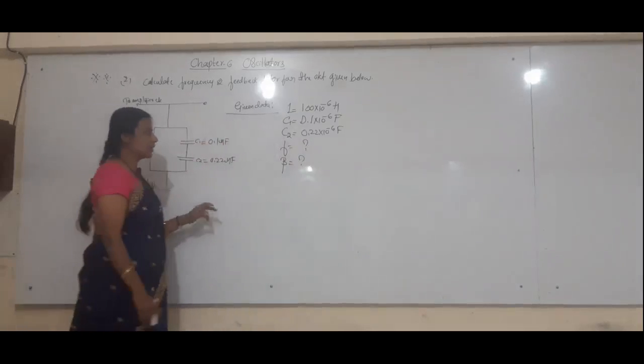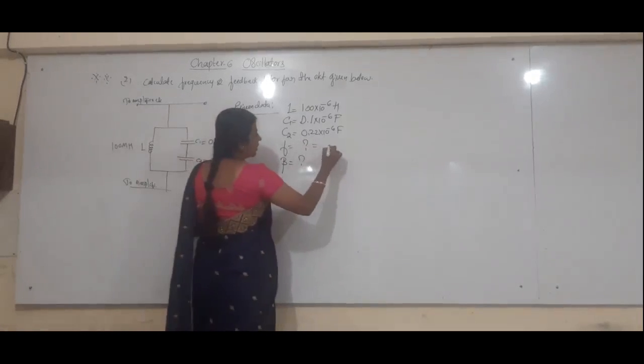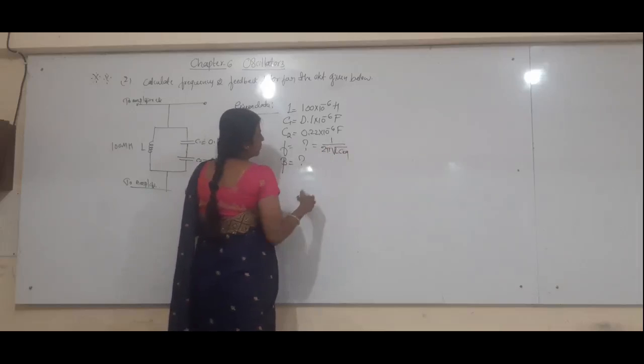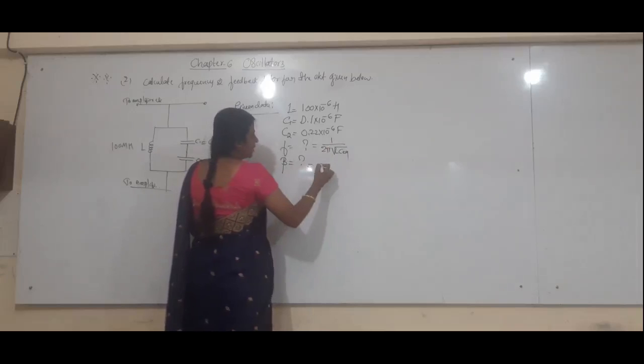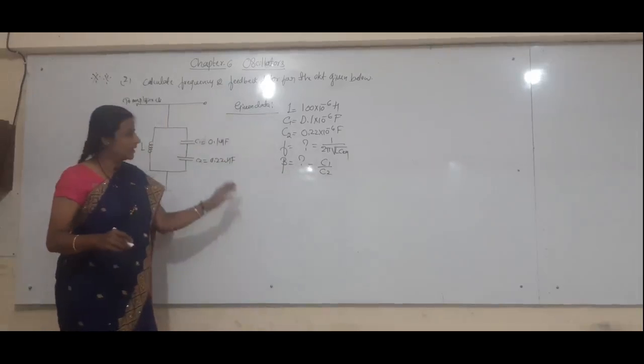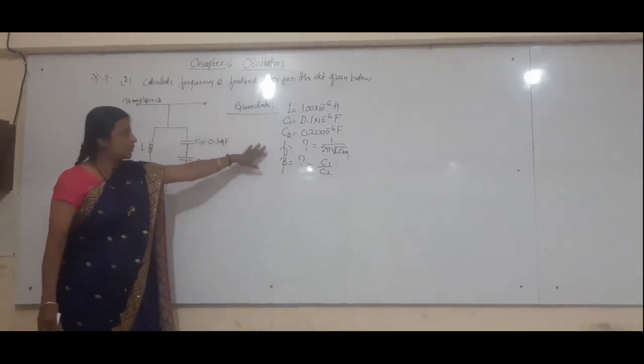For this particular circuit, the frequency formula we know is 1 divided by 2 pi root of L into CEQ, and beta is calculated using C1 divided by C2. So from these formulas we have to calculate directly. They have given all the values, so find out.